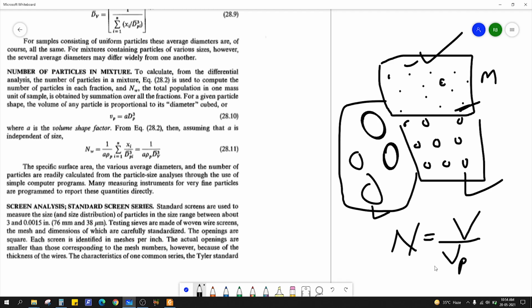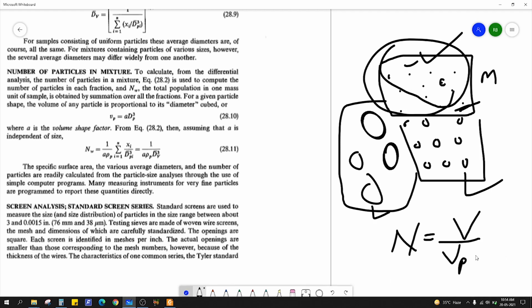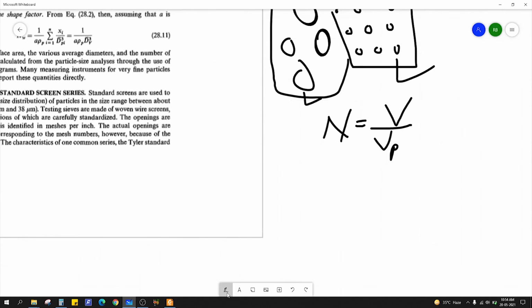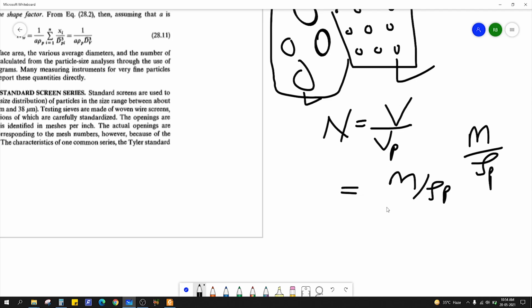How to find the total volume of this mixture? That is simply the mass of that sample divided by density. Since the density of each particle is the same, I can replace this by m by rho p, and here this is the volume of each particle.